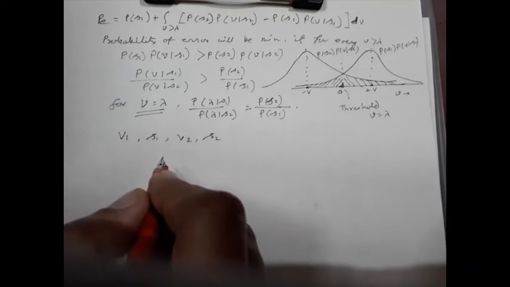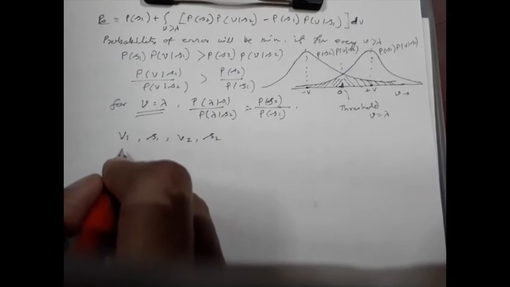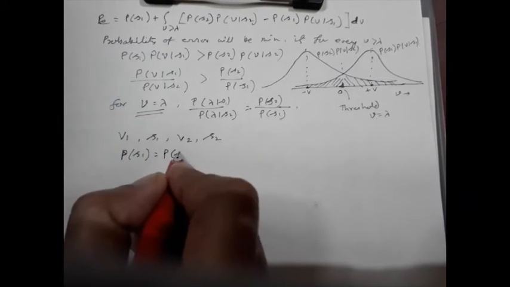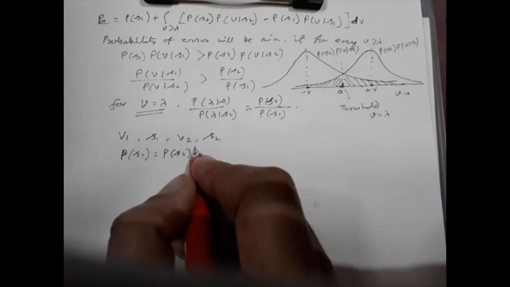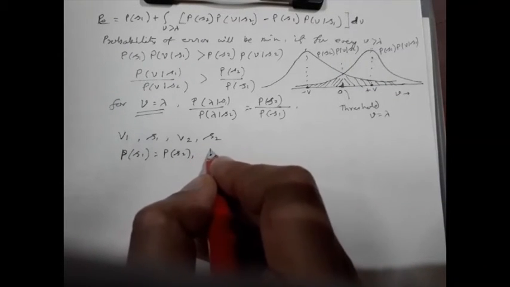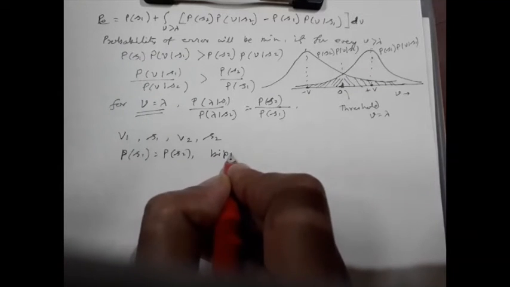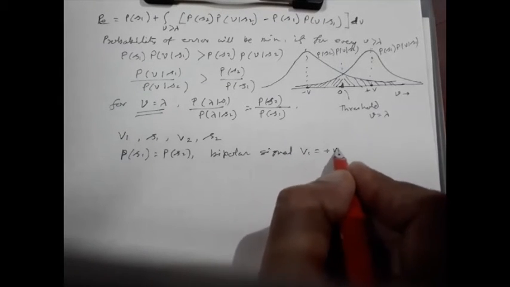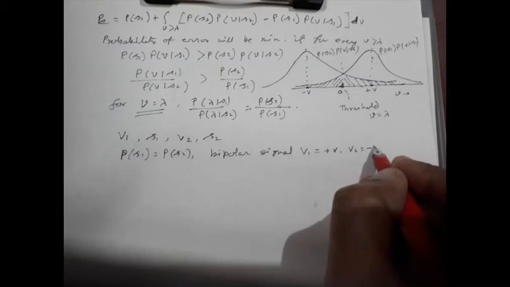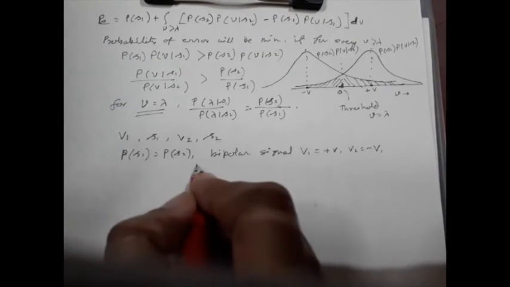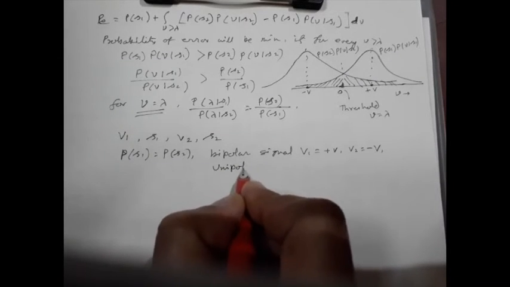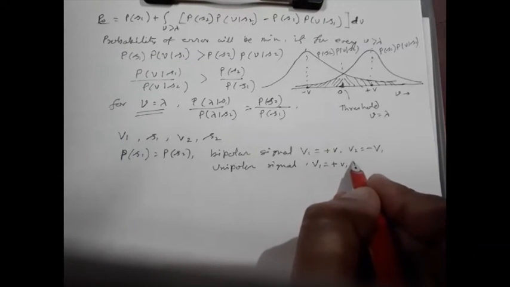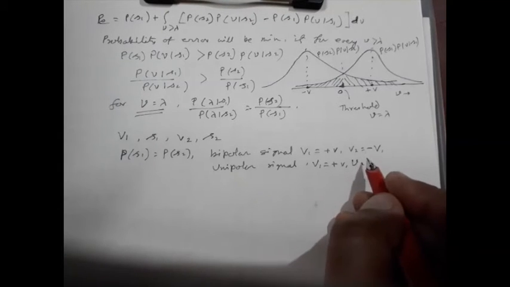Show the threshold when a priori probabilities are equal, that is P(S1) equal to P(S2), for a bipolar signal with V1 equal to plus V and V2 equal to minus V volt, and a unipolar signal with V1 equal to plus V and V2 equal to 0.